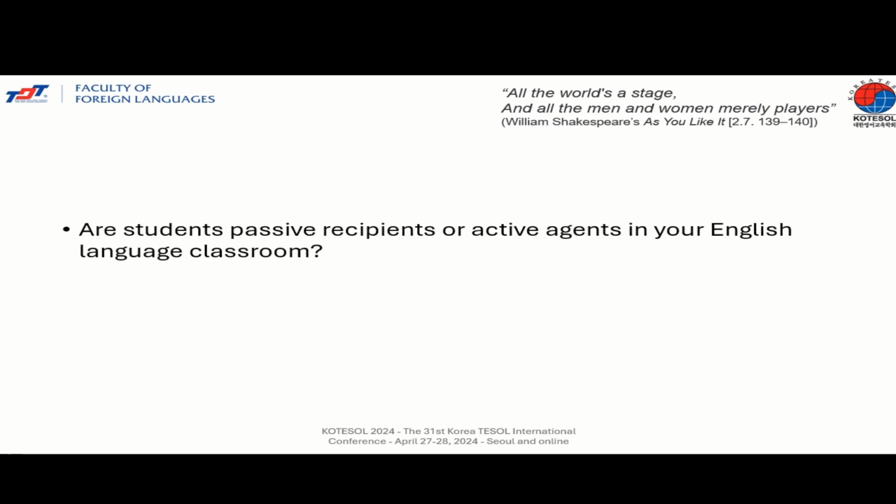Inspired by the famous quote by William Shakespeare, "All the world's a stage, and all the men and women merely players," I wonder if you ask yourself this question about your students: are the students passive recipients or active agents in the classroom?